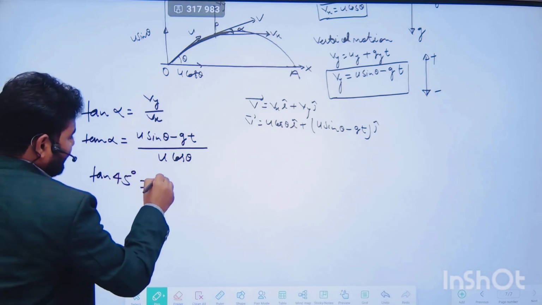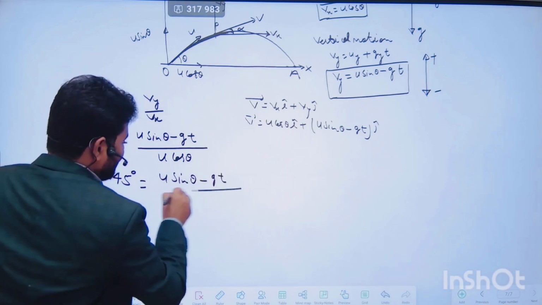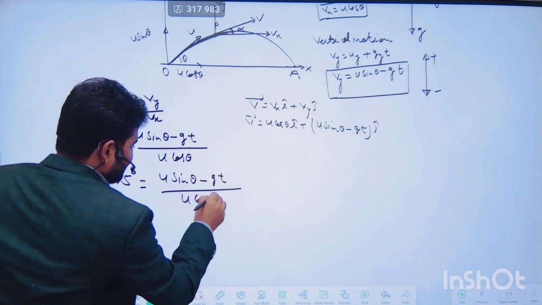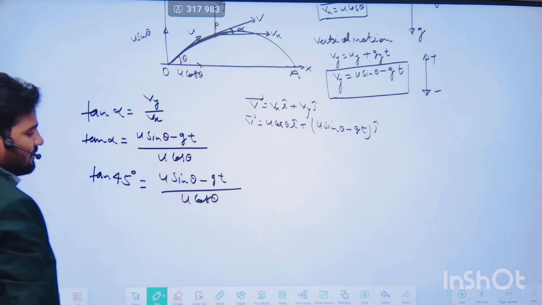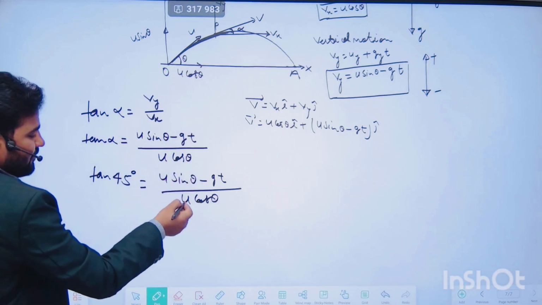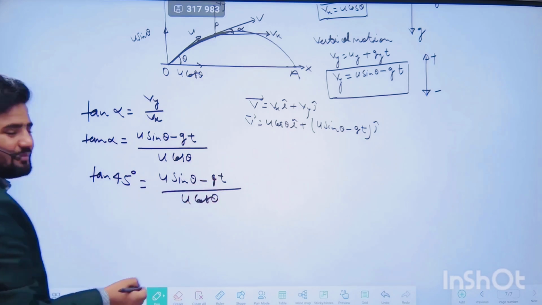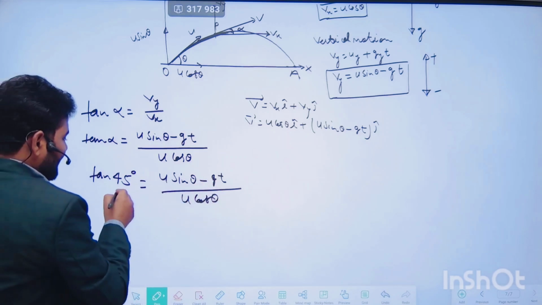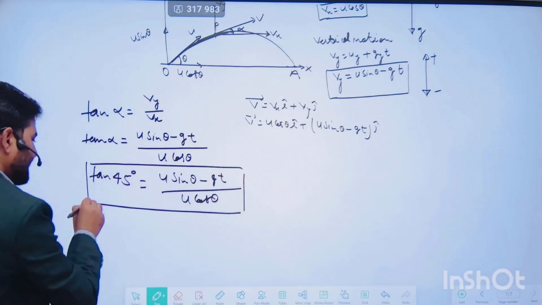So we'll get tan 45 equal to (U sin theta minus gt) upon U cos theta. If theta is the initial angle of projection which is known, and U is also known, and g is, suppose, 10 meter per second square, then from here we can get the value of time.